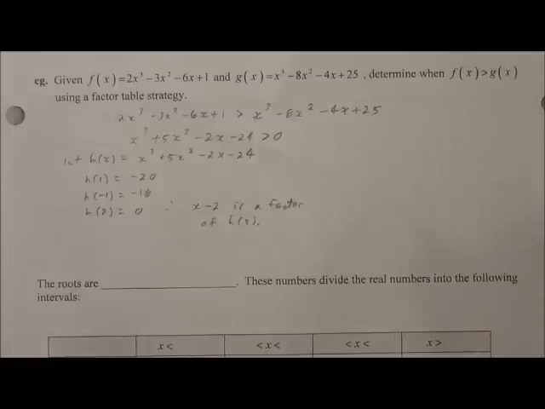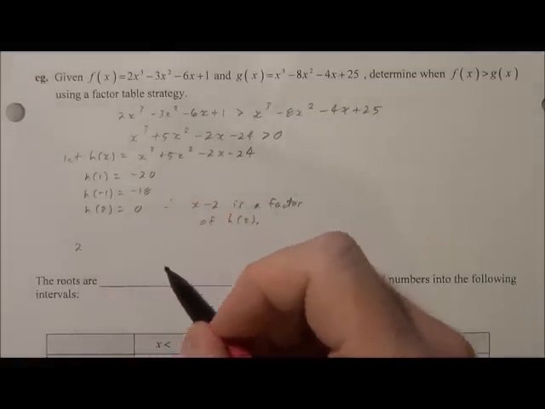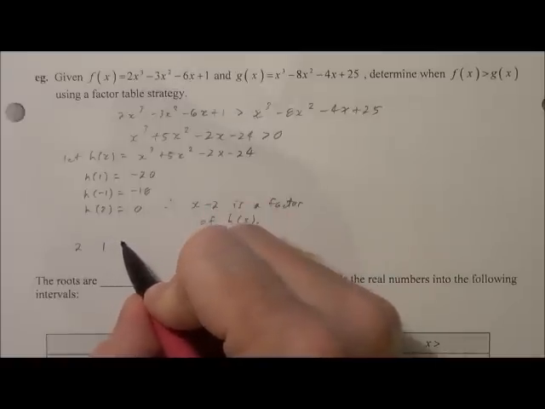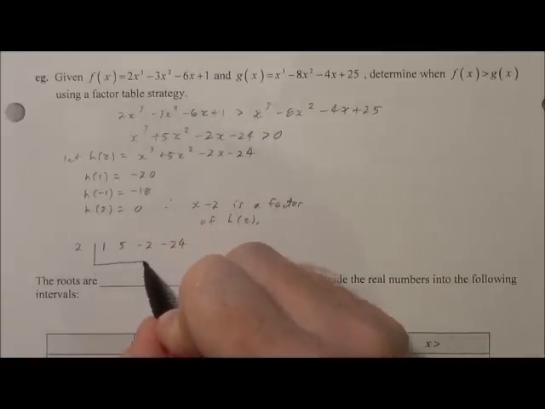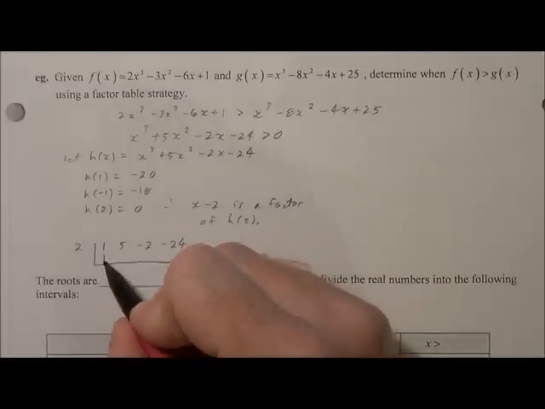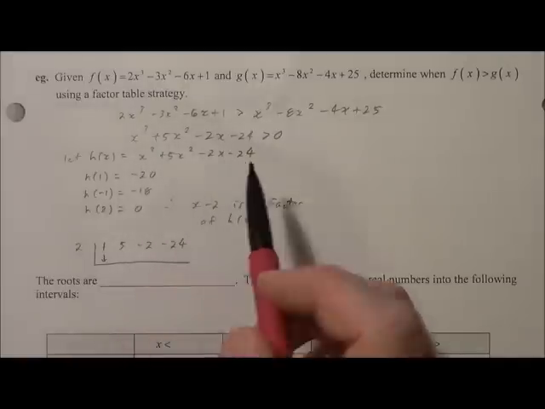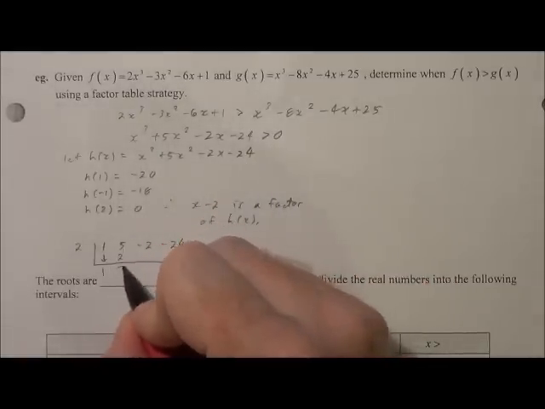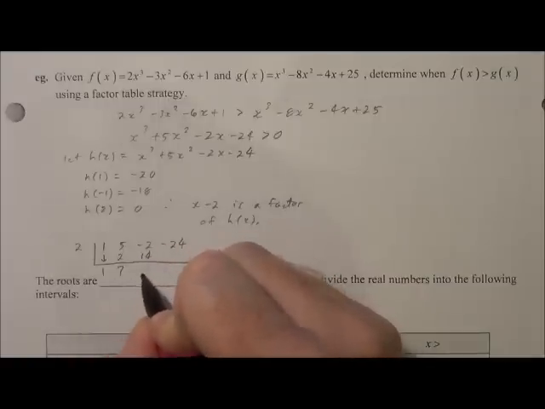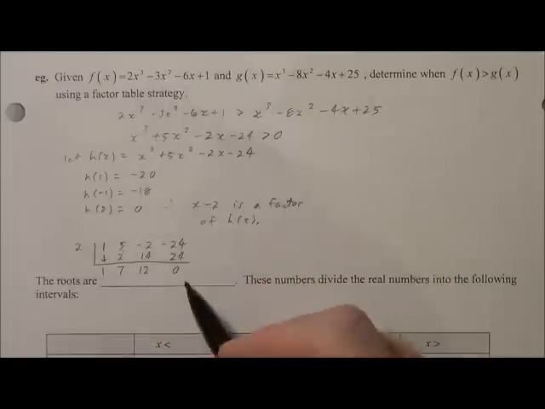So now I'll continue with the factor theorem, and so I will do some synthetic division, or using the Ruffini method. So these are the coefficients of this function. I'll bring down the 1 here, I'll multiply, add, multiply, add, multiply, add again, and we get 0, which is perfect.